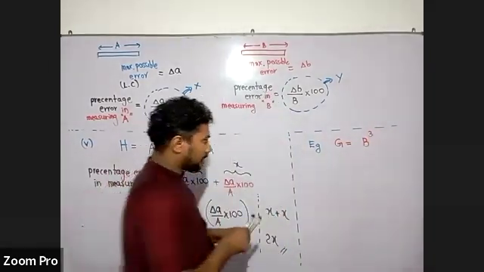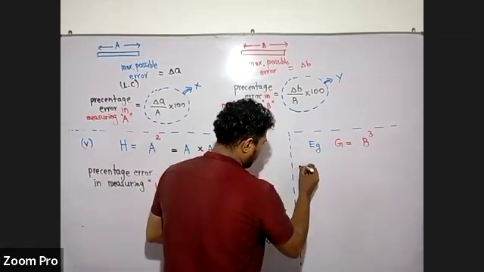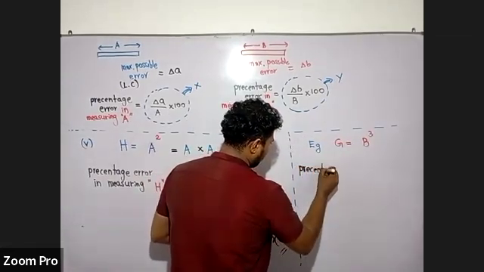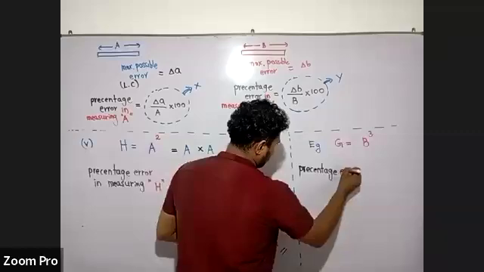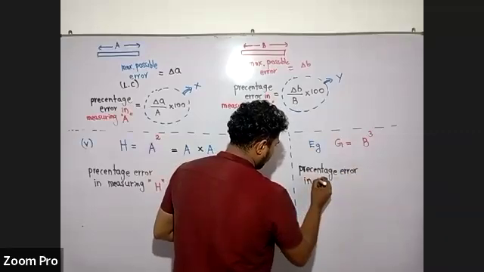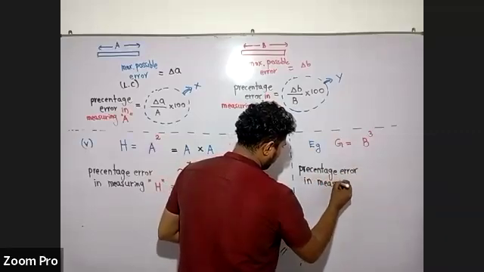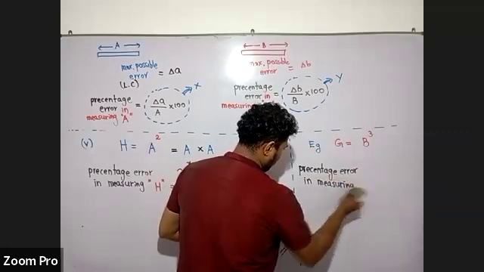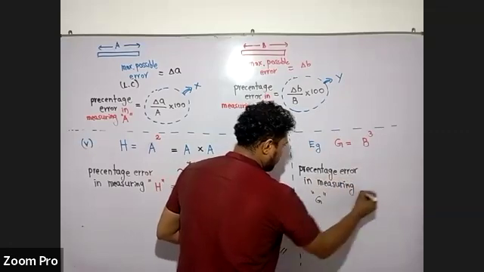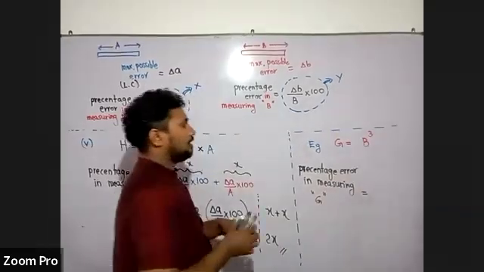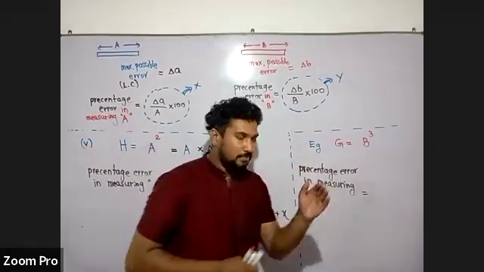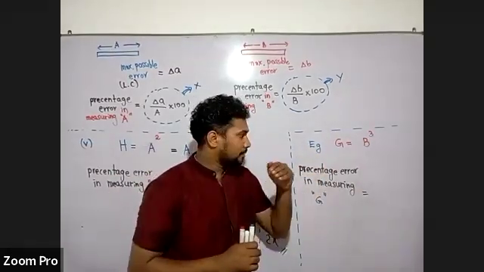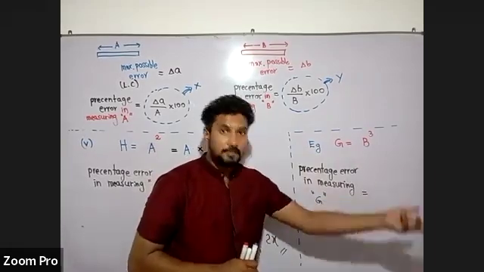So the percentage error in measuring G can be directly obtained by, now B cube means B multiplied by B multiplied by B, no?